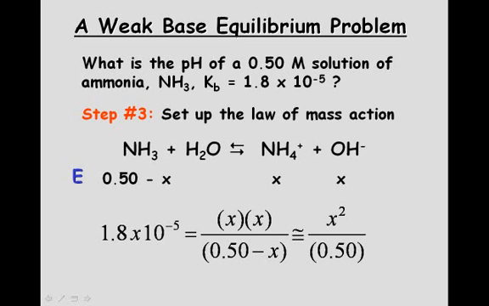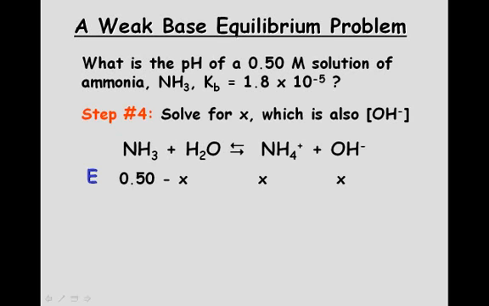So 1.8 times 10 to the negative fifth equals x squared over 0.5, and then solve for x, and as long as that x is less than 5% of what we would have subtracted it from, it's a pretty good estimate. Once again, if this isn't something that you want to do and you actually want to graph this or use the quadratic, feel free to do that, but this is a real quick estimation method.